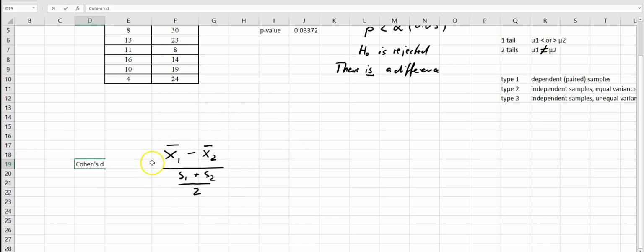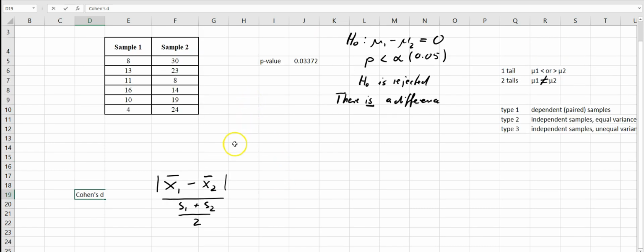Here's the equation for that, where we just simply take the difference between the two sample means, and I probably should say we don't care about the sign of the difference between the two sample means, and divide it by the average of the two standard deviations. So obviously we need to calculate these things in order to see what Cohen's d in this case is.